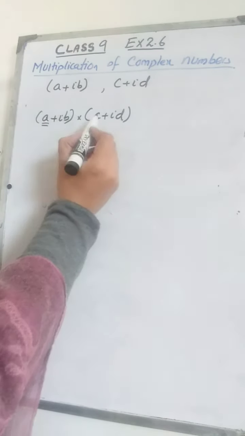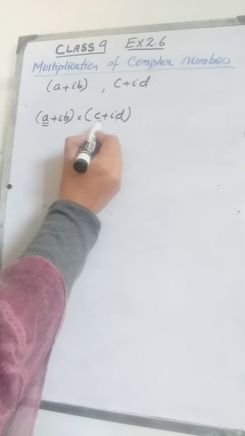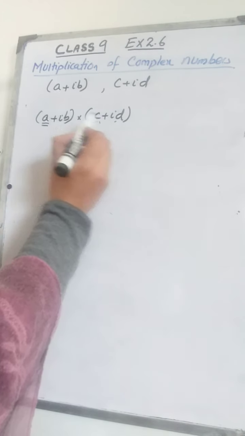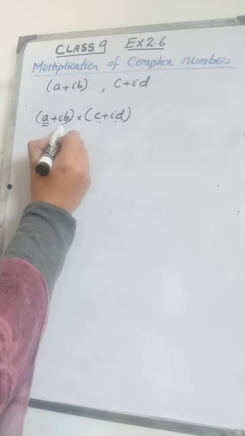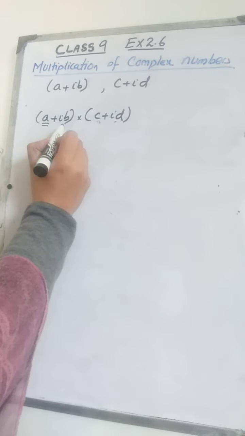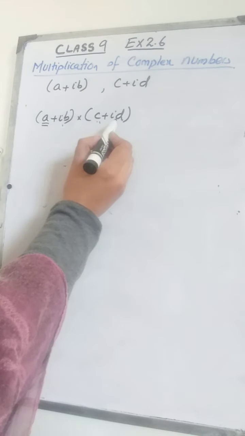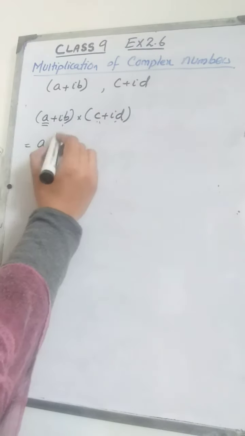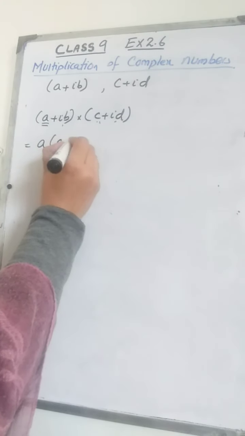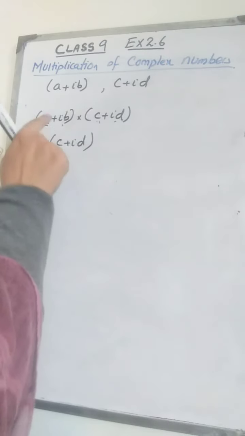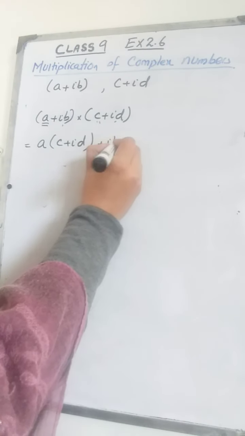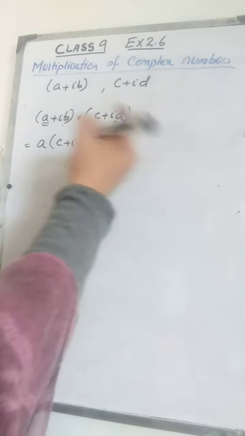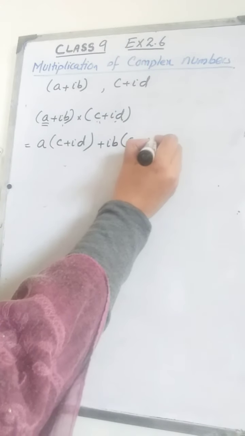Pick the first number and multiply it with each and every element of this number. Then we are going to pick the second element here, iota b, and multiply it with c and d. So we pick the first number and multiply it with this bracket, just as we do in algebra. Then plus iota b, multiplied by c plus iota d.